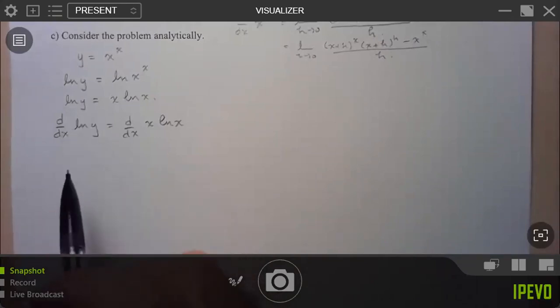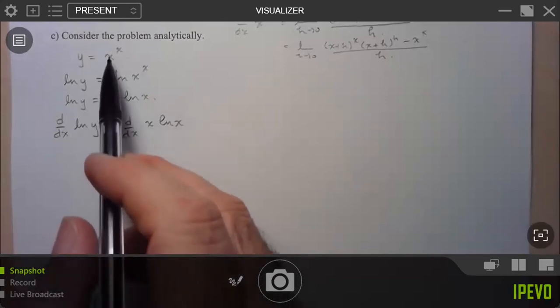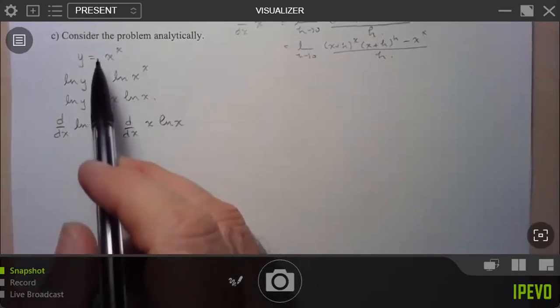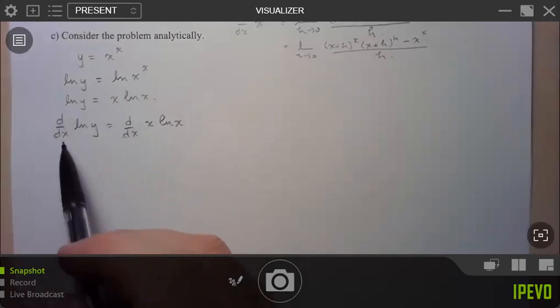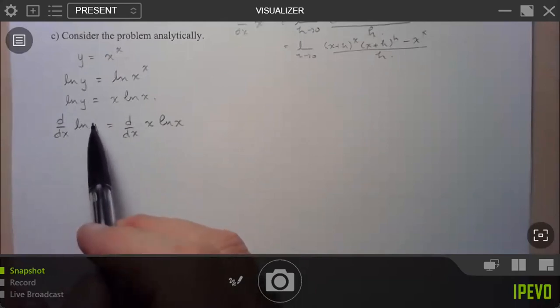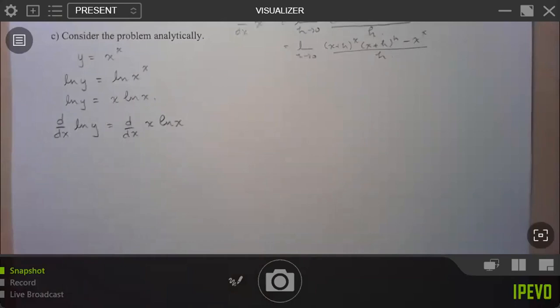But remember that y is itself a function of x. So essentially, what am I going to have to use in order to take this derivative of ln of this function, which itself is a function of x? Chain rule? Exactly. We're going to have to use the good old chain rule.